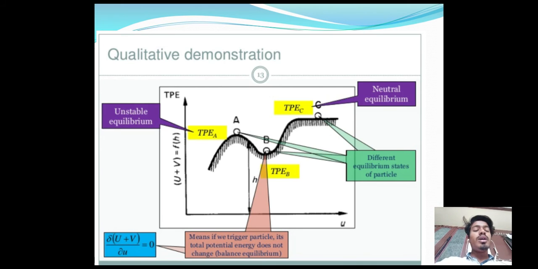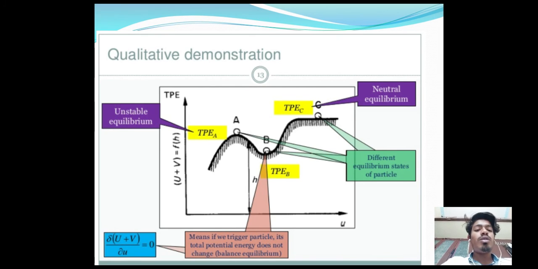At point a it is unstable equilibrium, and at point b, if you trigger the particle, its total potential energy does not change. It is balanced equilibrium.